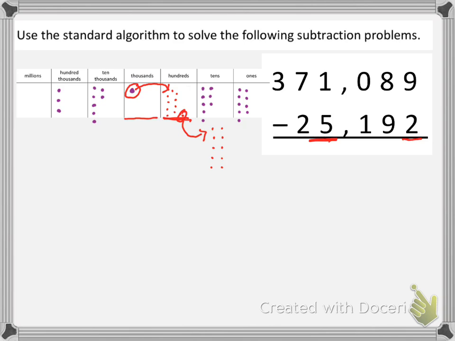We have 0 in the thousands because we regrouped, and when we want to take away 5, we need to go to the 10,000s and cash that in for 10,000s. 1, 2, 3, 4, 5, 6, 7, 8, 9, 10. So now in the thousands, we have 10 in the thousands now, and we can take away 5 from here. So that works. We can take away 5.